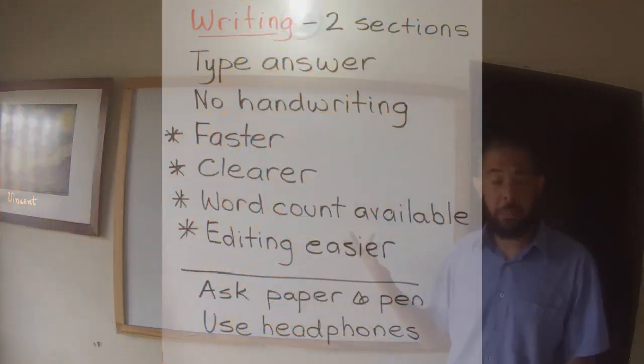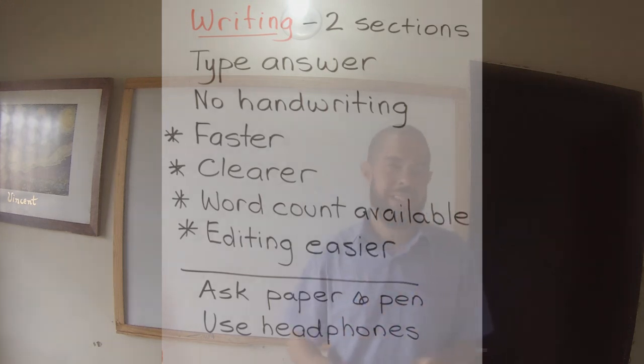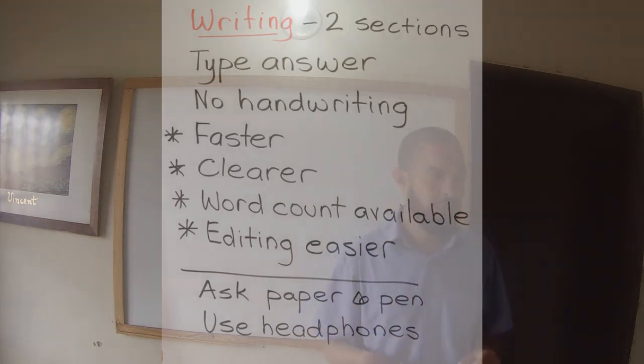And it's also can be clear. And there is another thing that is really important in the CDT test. That is a word count variable, right? You can type your writing and you can count the words. And editing is easier, as you can see here. Editing in the test is easier.